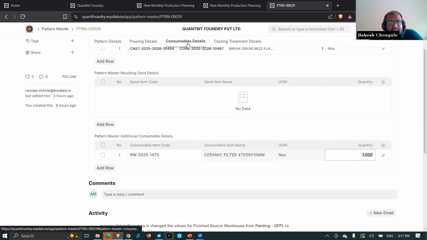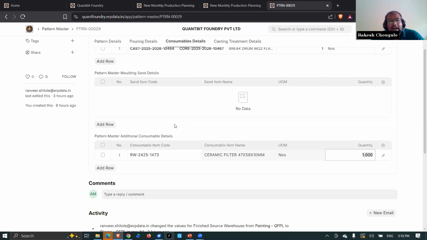Until the consumable details, all the details we have seen here are related to the pouring entries or pouring stage. After pouring, there will be a number of processes for each casting or each customer.